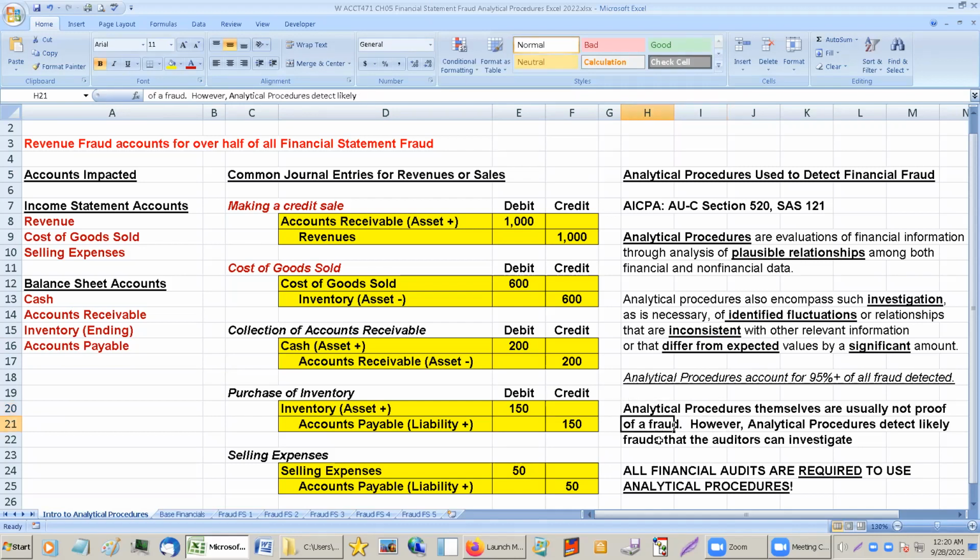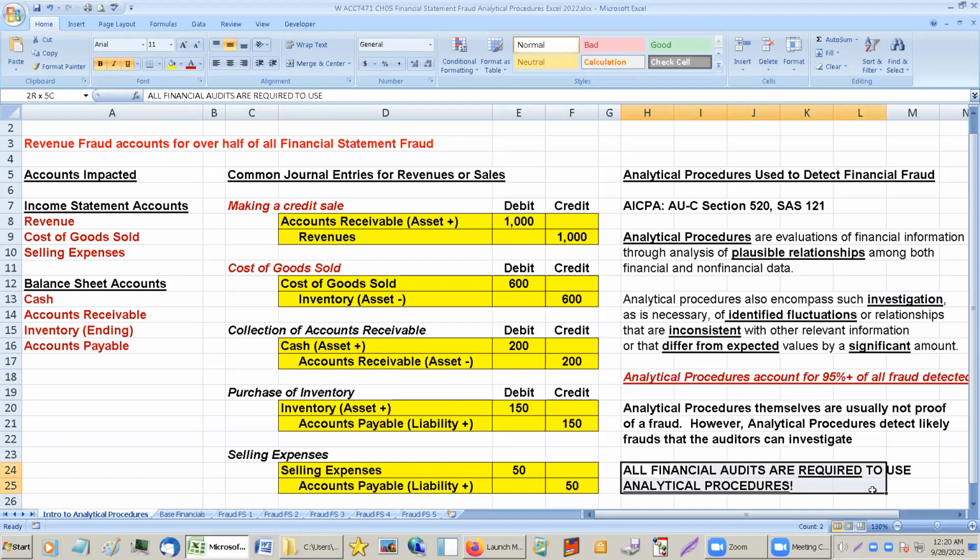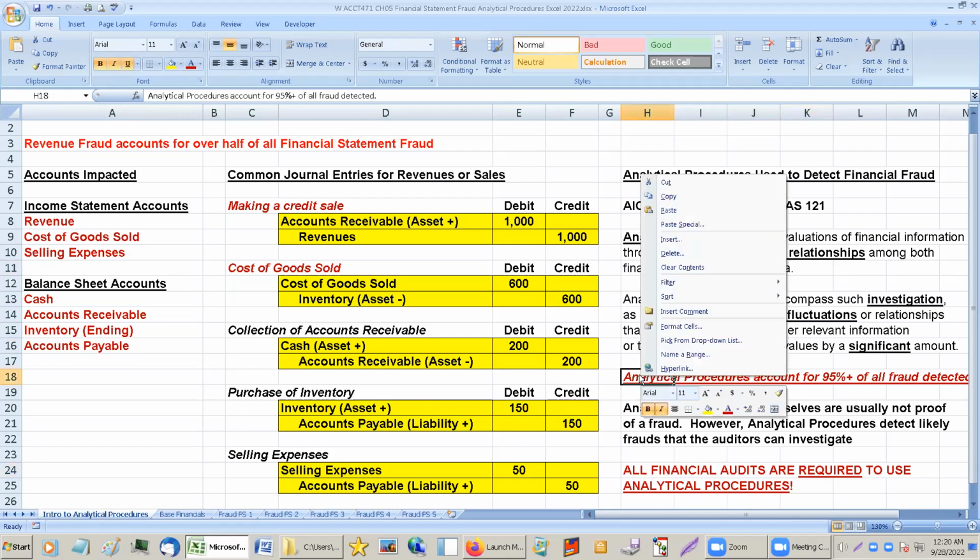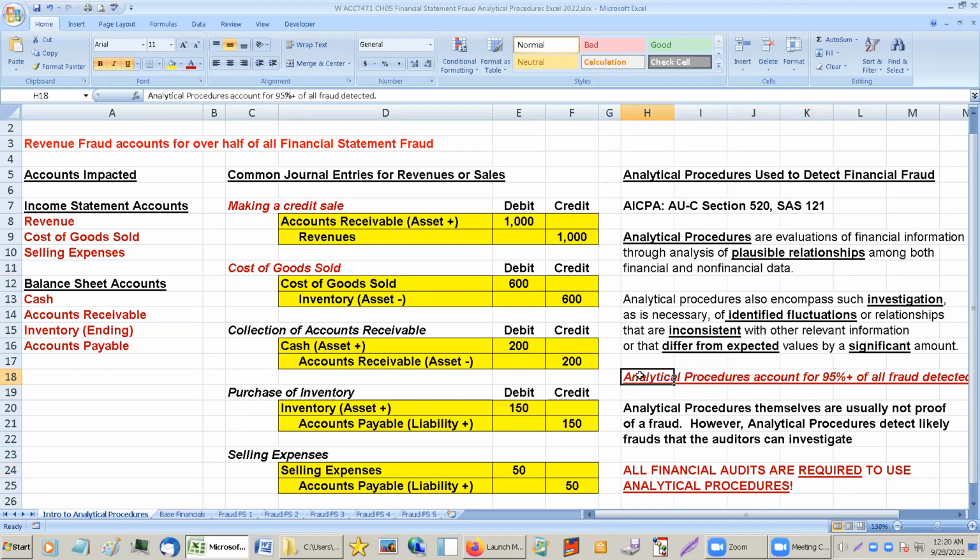However, they tell you where to look. Something like 95% of all fraud is detected through analytical procedures. Because of this, auditors are required to use analytical procedures. It's not optional. You must use analytical procedures, and because they are so effective, that is why we do it. They're not effective for proof generally, but they are effective for pointing in the right direction where to look for problems.